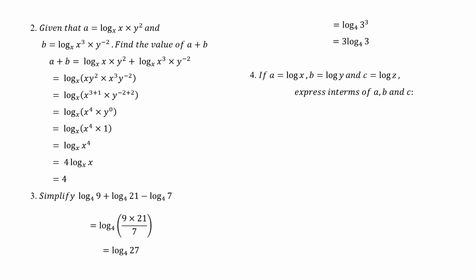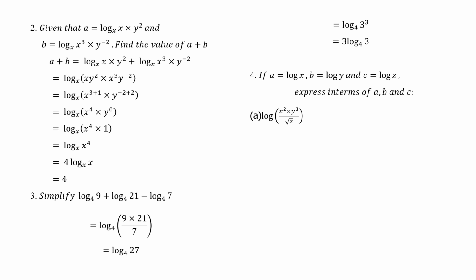We go to number 4. If a is equal to log of x, b is equal to log of y, c is equal to log of z, express in terms of a, b, c, the first part is log of x squared times y cubed divided by the root of z.